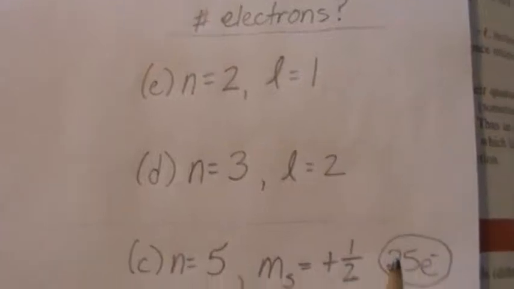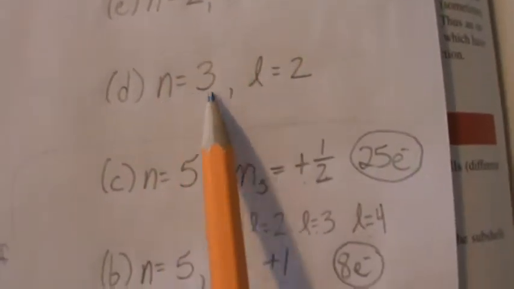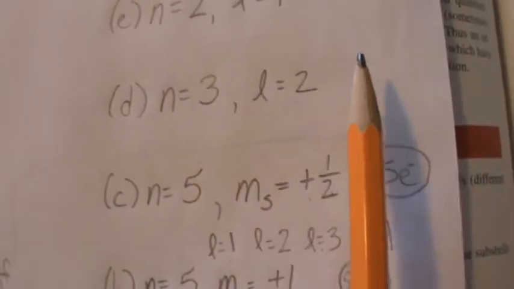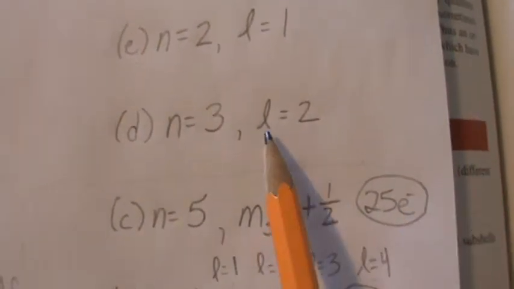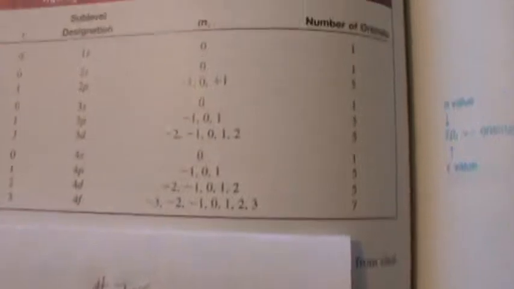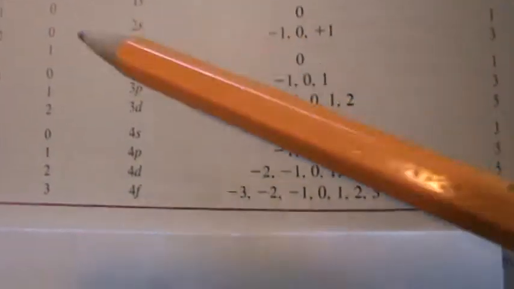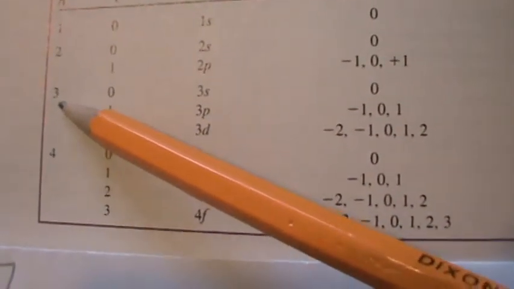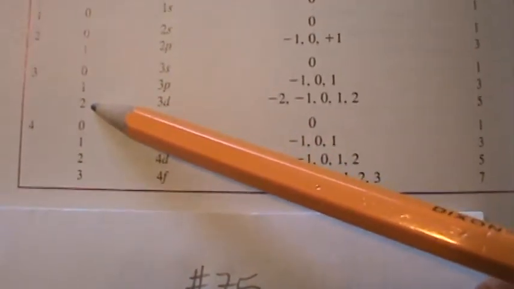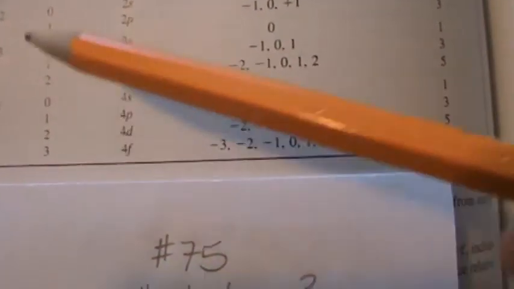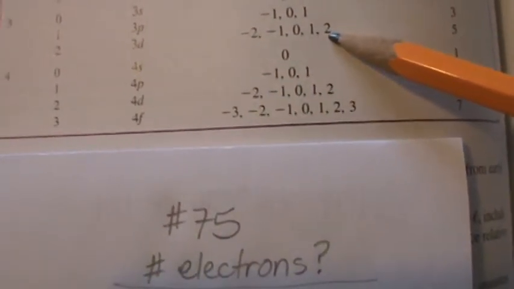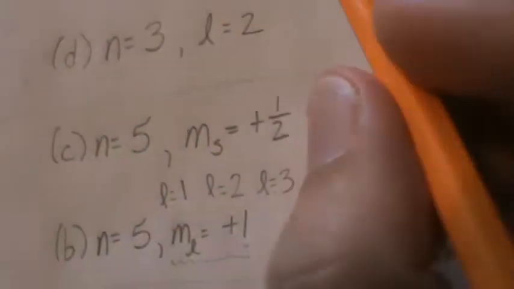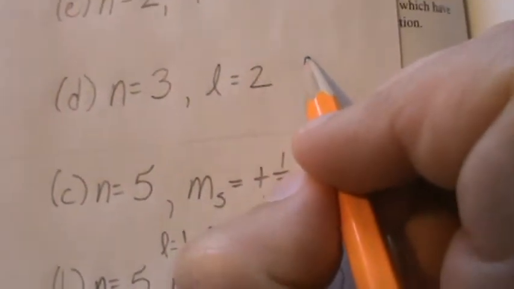Alright, now let's go up here. Now we have n is equal to 3, L is equal to 2. Okay, how many electrons are in there? Okay, so this one is a little bit more specific. If we go back up to our table and we see that n is equal to 3 and L is equal to 2, then we have 1, 2, 3, 4, 5 orbitals in n equal to 3, L equal to 2.